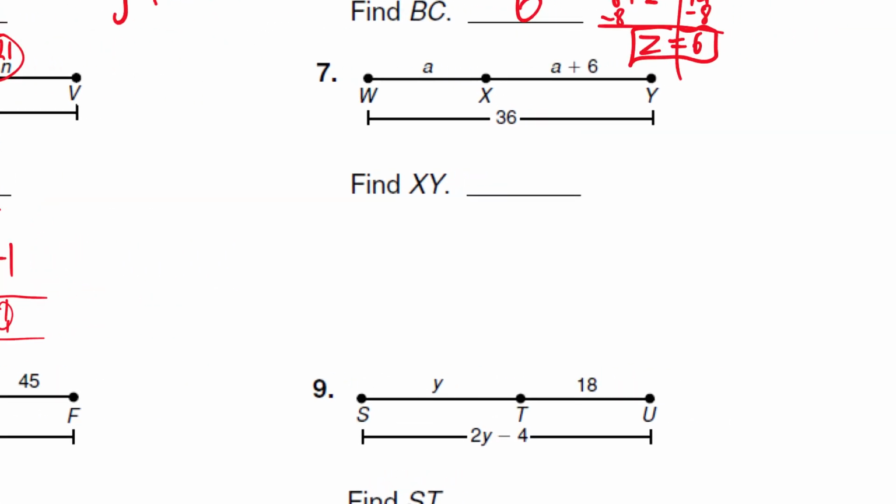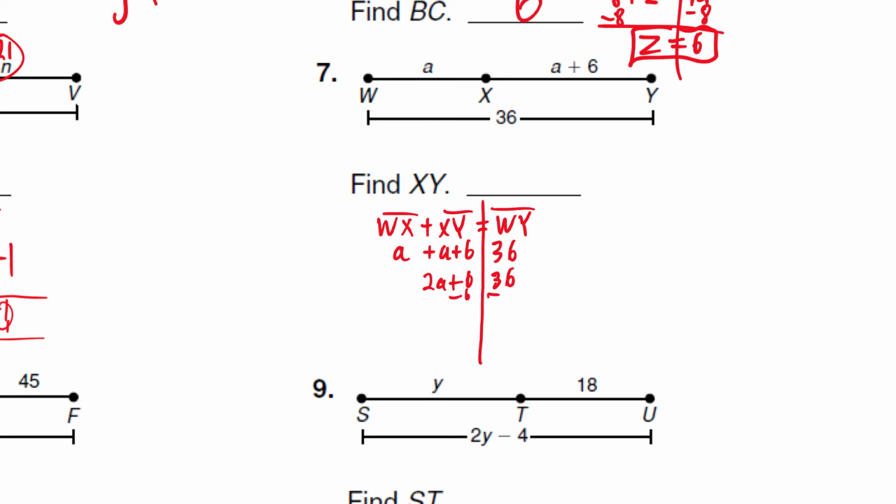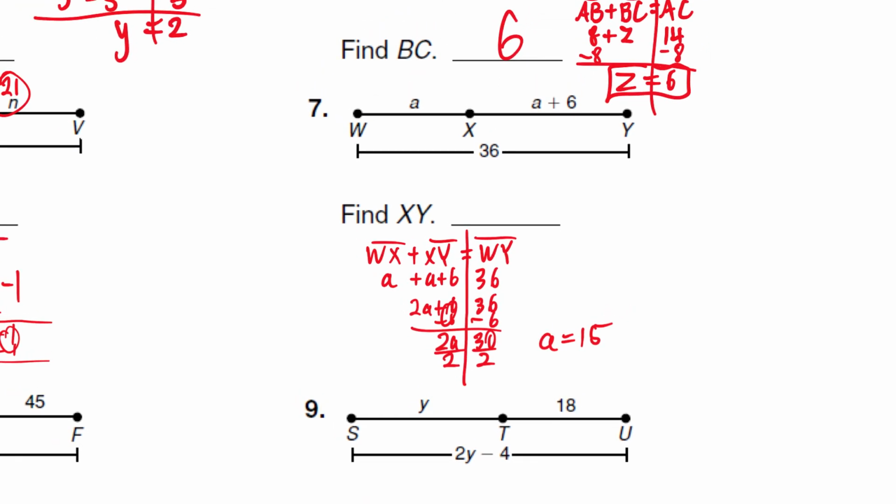On number 7, do number 7 real quick. Okay, so you get WX plus XY equals WY.